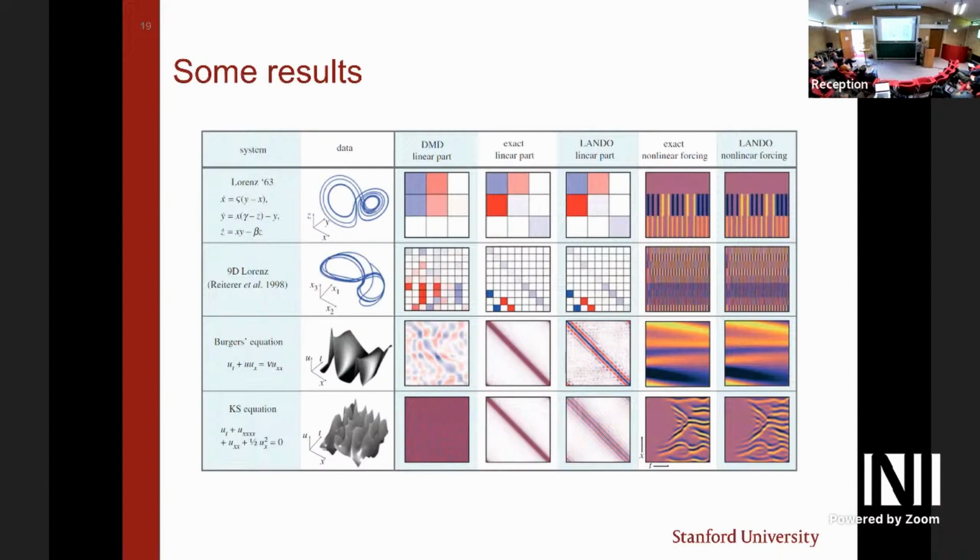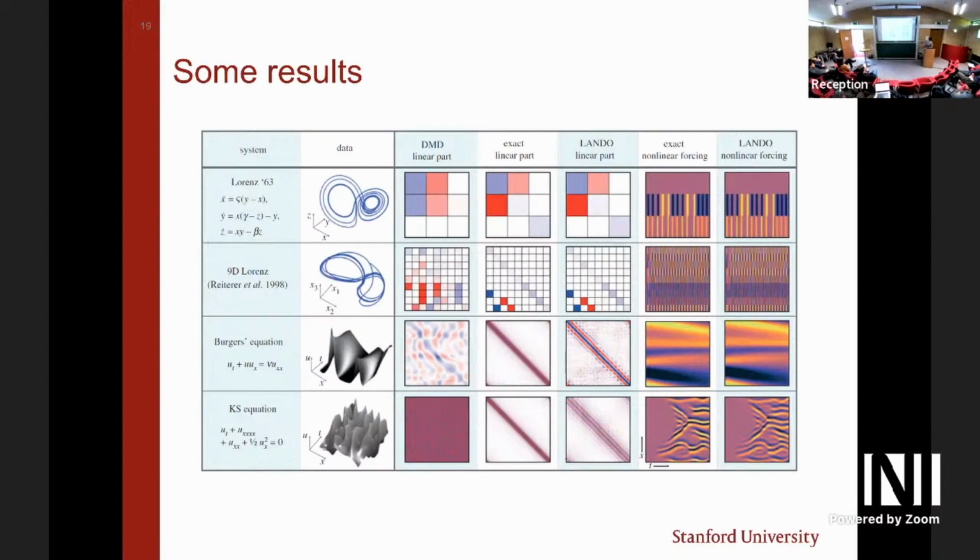This is the exact nonlinear forcing, and this is what LANDO recovered as the nonlinear forcing, and of course there's nothing recovered from DMD for the nonlinear piece. So you can see that you do very well. You can compare this and this, hoping that looks good, and this and this. You're asking DMD to do something that it's designed to do. So that looked promising on these sets of equations.